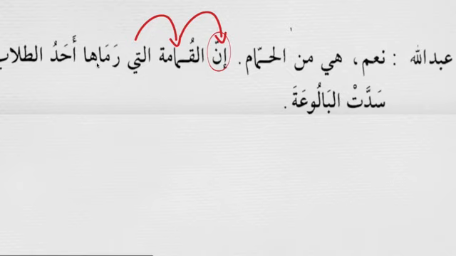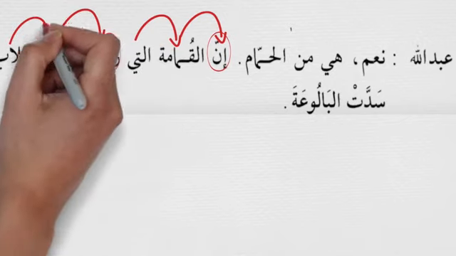So this is not a waw, but this is a ya. We need to remember that. So we're looking for the fa'il. Rama means he threw. So who threw? Looking for the dhamma. Ahadu, so it is Mudaf and Mudaf ilayhi. Ahadu Tullabi, one of the students. So one of the students threw it.